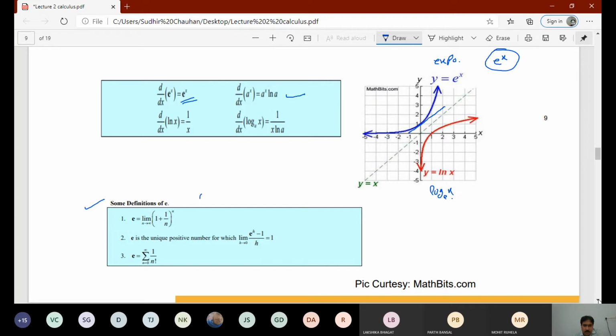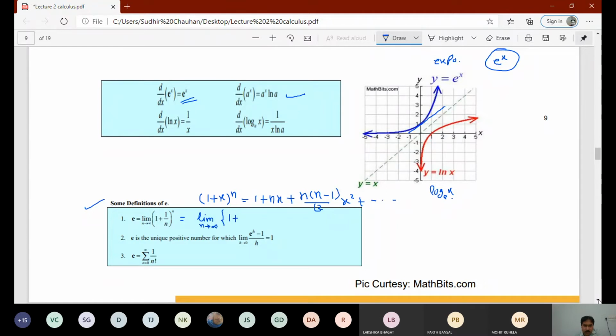So we can apply here binomial expansion, (1 plus x) raised to power n. So it is 1 plus nx plus n(n minus 1) upon factorial 2 x square and so on. So we expand it, then it will be limit n tends to infinity 1 plus nx.